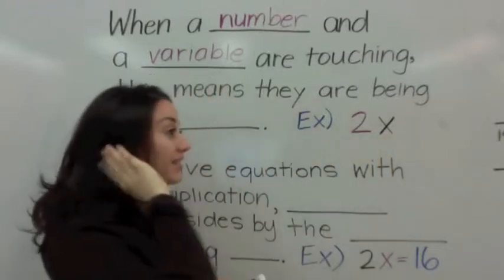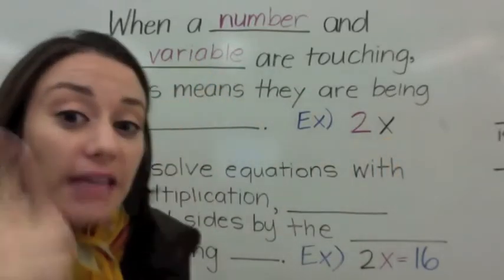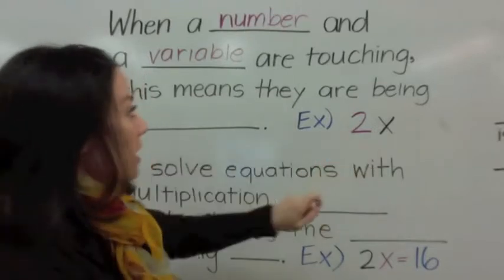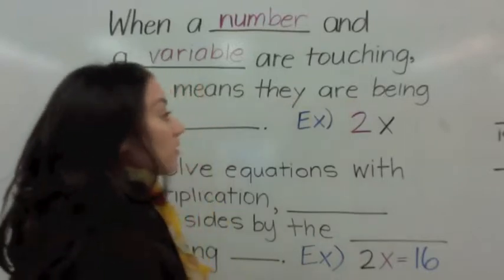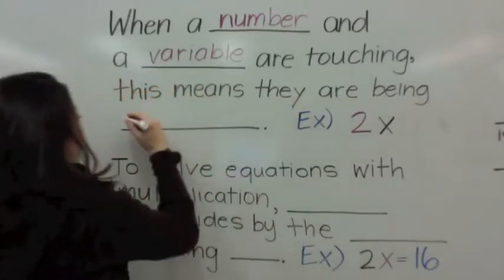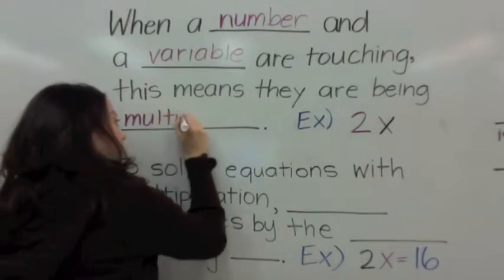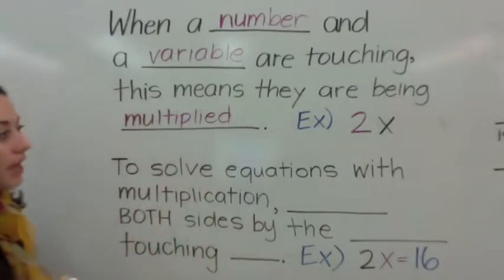And remember, a variable is a letter. So when they're touching, this means they are being multiplied. They're being multiplied when they touch.